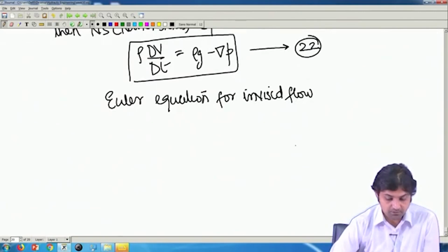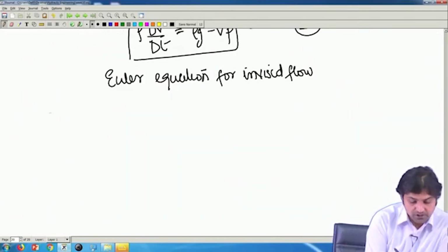A couple of sentences about this equation.